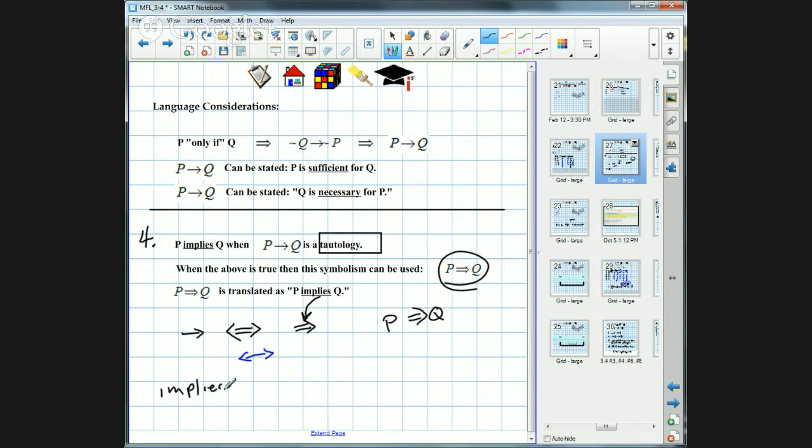Implies is the verb. The noun of that same word is implication. When you see those two words, here's the deal. For P to imply Q, they're telling you that if P then Q has to be a tautology.